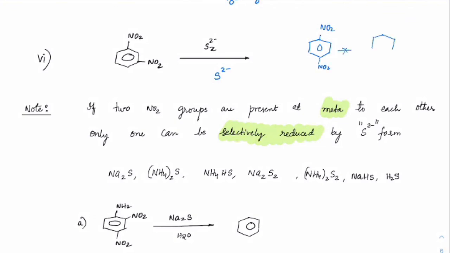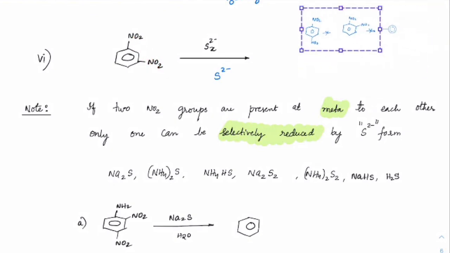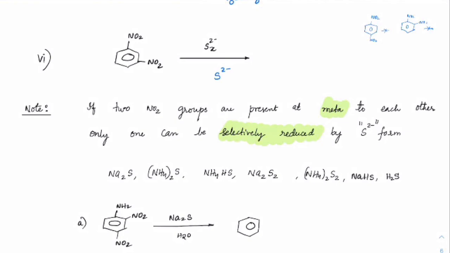In the same way, if you have NO2 and NO2 like this, no reaction here. But if they are meta to each other, then it has been seen that it will reduce selectively, and only one part of it will get reduced to NH2, the other part will remain NO2. And the sulfur, S2-, will get oxidized to S, colloidal sulfur.